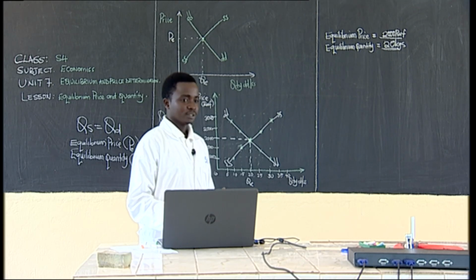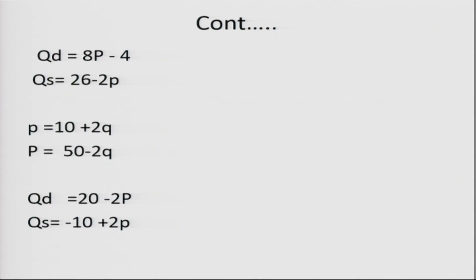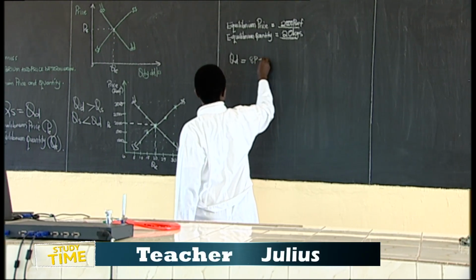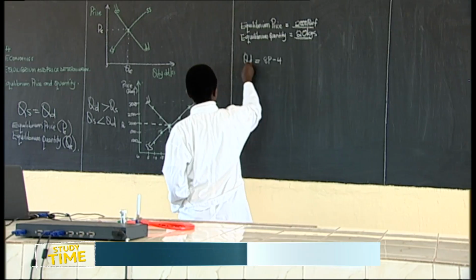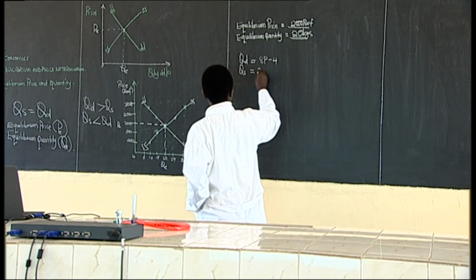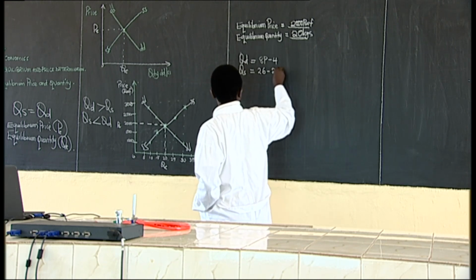So let's see now, if we have a system of equations. One, we have quantity demanded, which is 8P minus 4. Then we have quantity supplied, which is equal to 26 minus 2P.